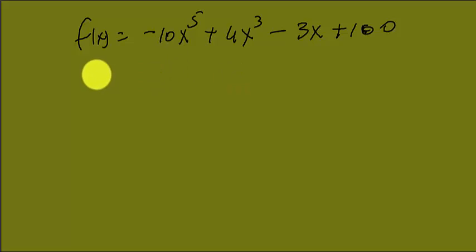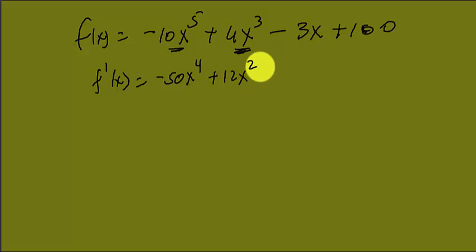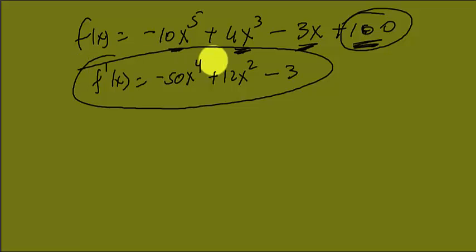If you take the derivative of this, I'm going to take 5 multiplied by negative 10, which would be negative 50x to the fourth. I'm going to take 3 multiplied by 4, which is 12, and now x to the second, because I have to take 1 away from the power. And then the derivative of that is just going to be negative 3, and derivative of a constant is 0, so that's going to go away. And this is the derivative of that function.